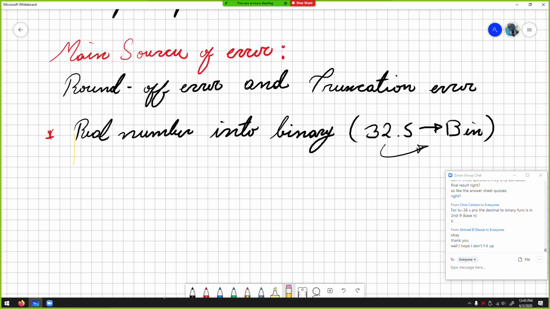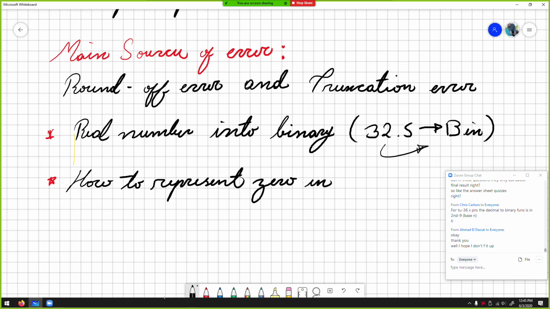Then another thing that I want to talk about is how do we represent 0 in real, which means in floating point numbers.